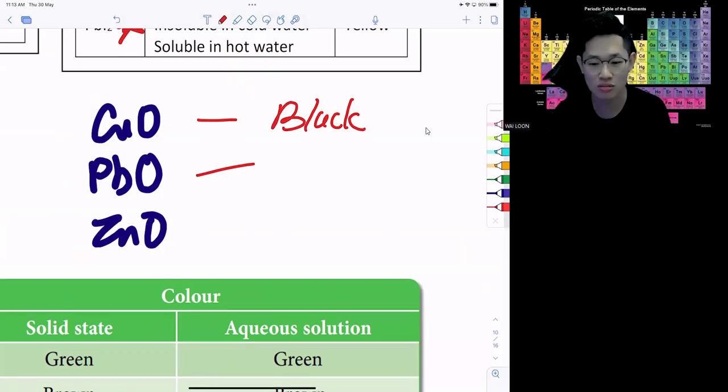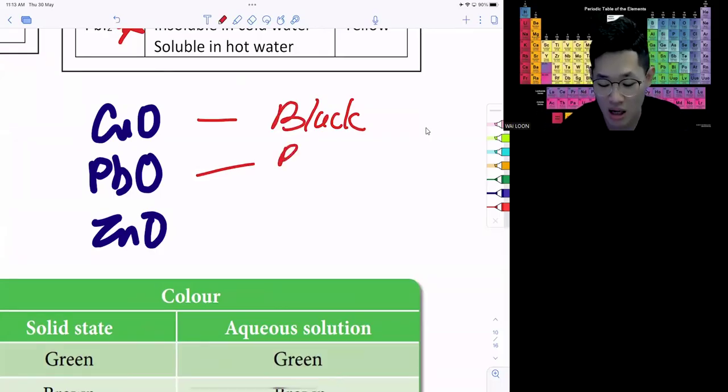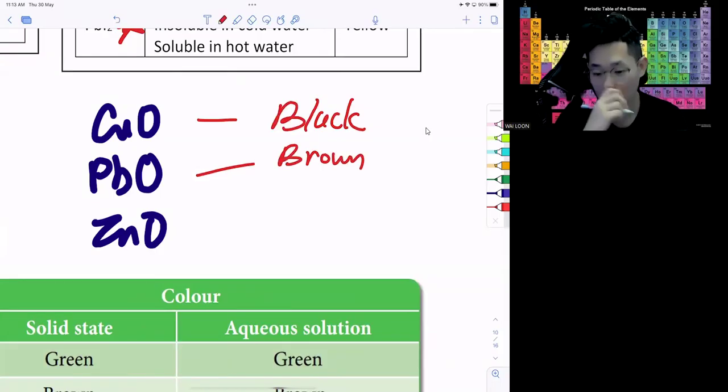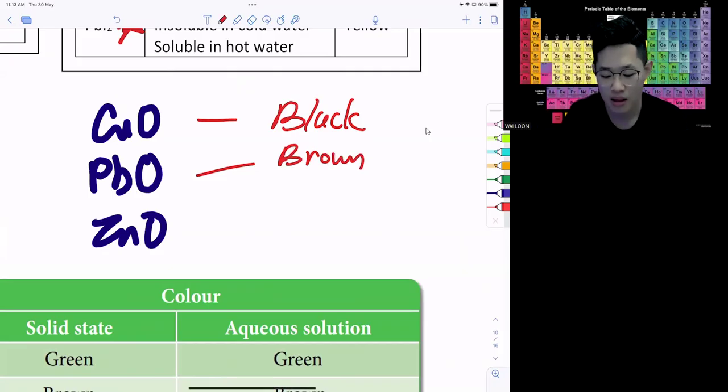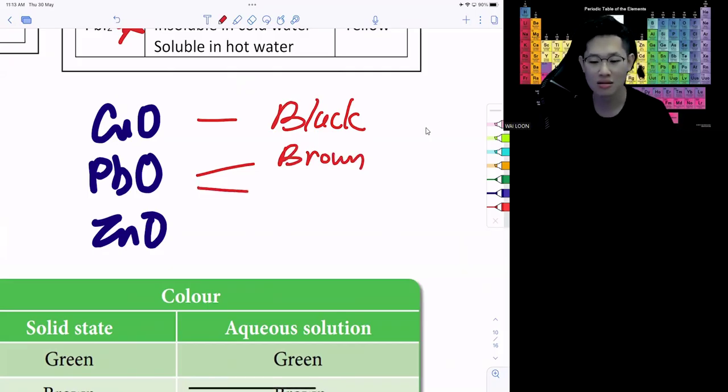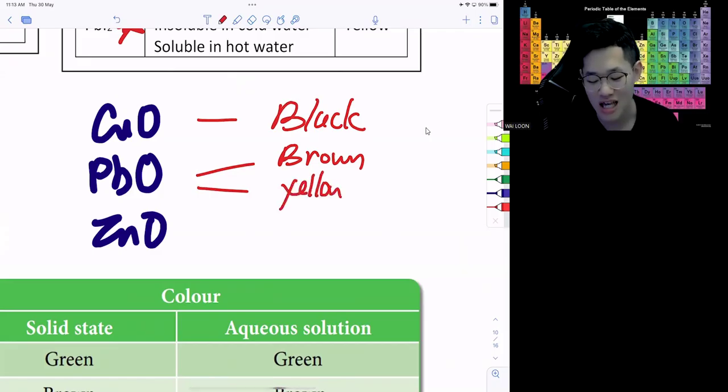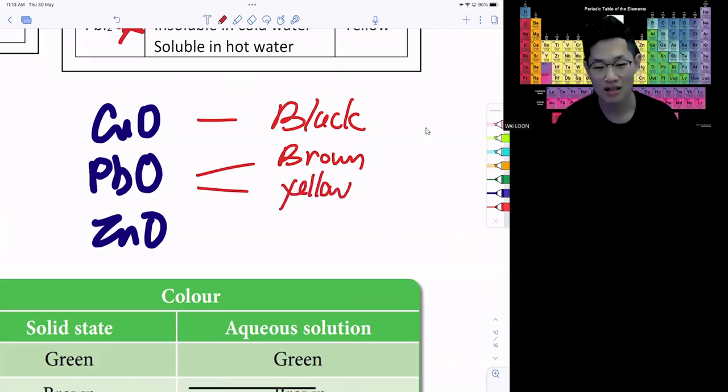So the next color group, beside black, will be brown. Then the next color group similar to brown, you can say orange, but here we have to remember yellow. So black, brown, yellow.